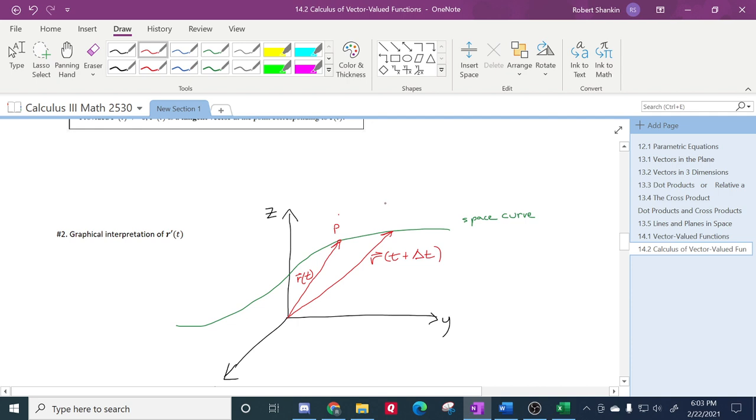So we have, let me go to blue here, r(t + Δt) minus r(t). We had said that if you traveled from the 4-mile marker to the 10-mile marker, what's your change?